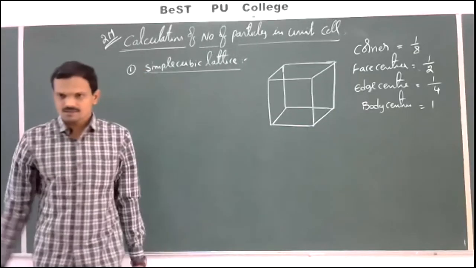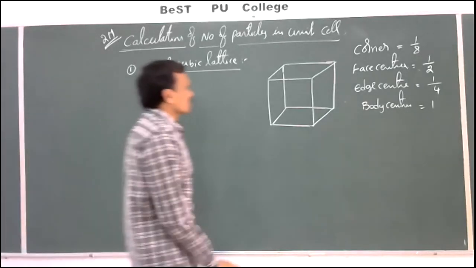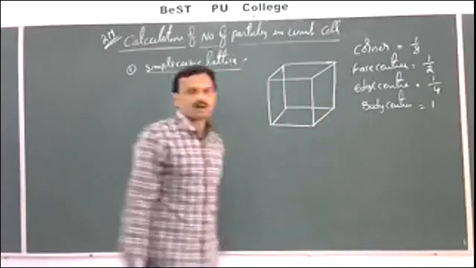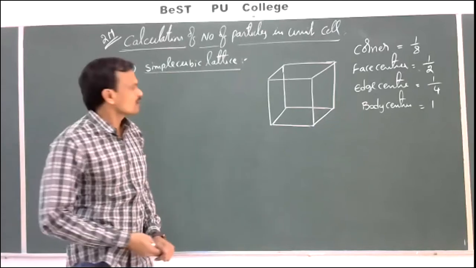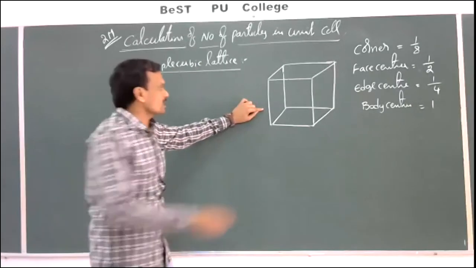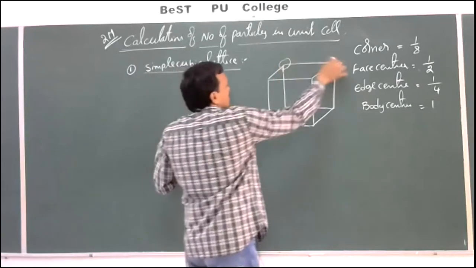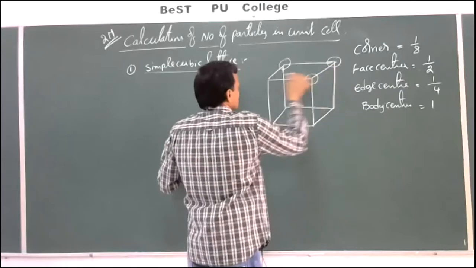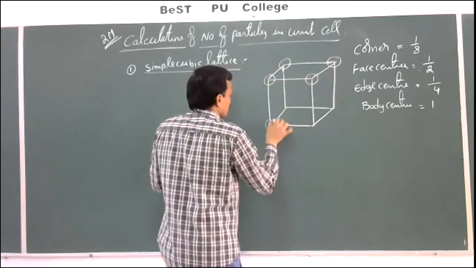In a simple cubic lattice, at what positions are the constituent particles present? The constituent particles are present at 8 corners. At 8 corners, 8 lattice points will be there.